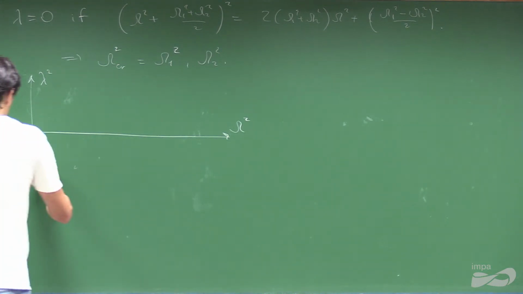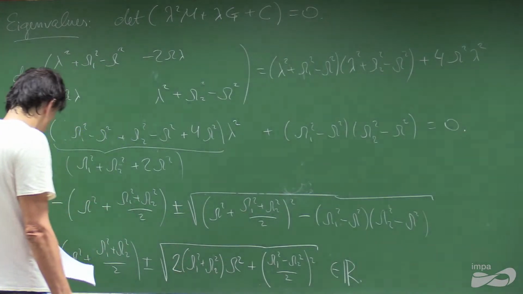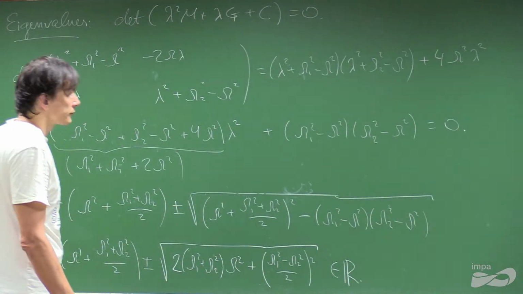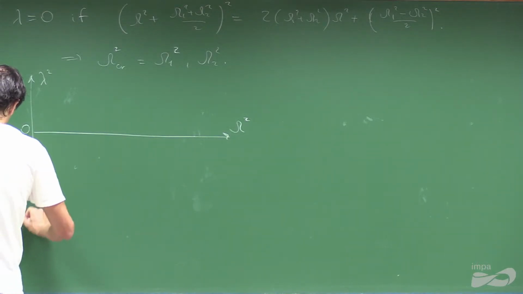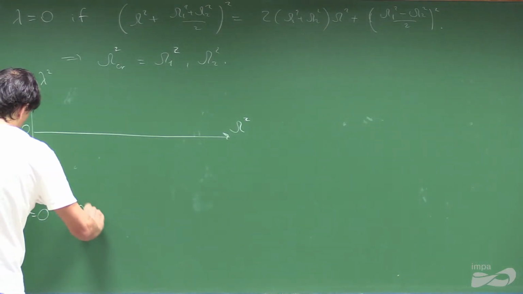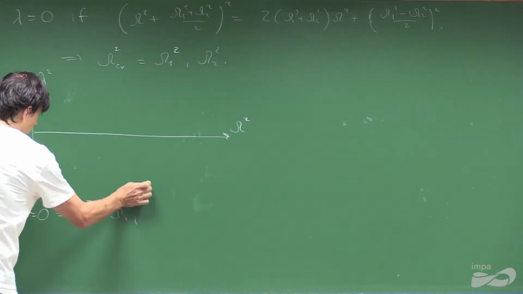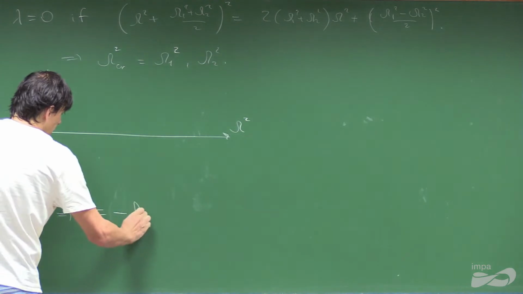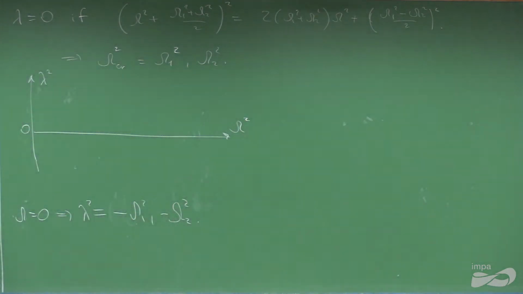So when omega is 0, you get here 0 and 0. And you see that when omega is 0, lambda squared will be, one of them will be minus omega 1 squared, another will be minus omega 2 squared. As it should be, because without rotation it is just oscillation.